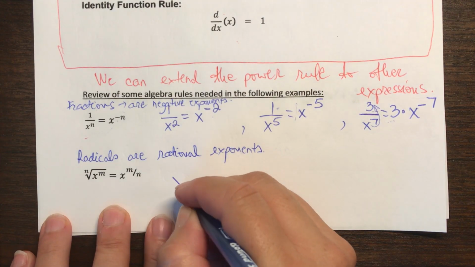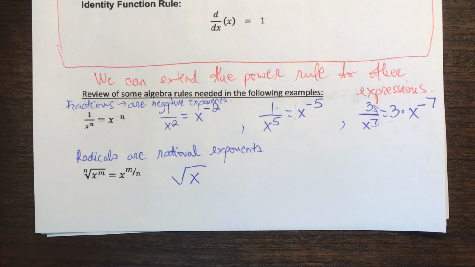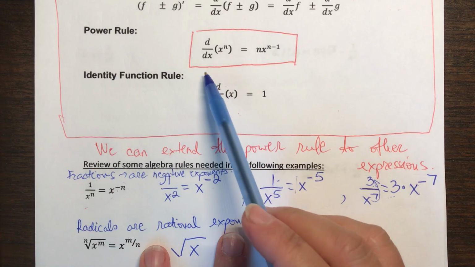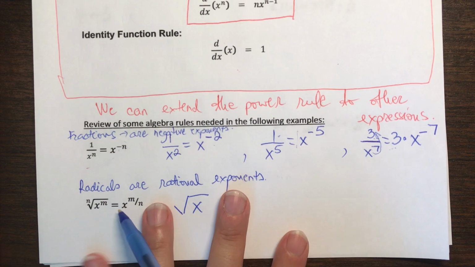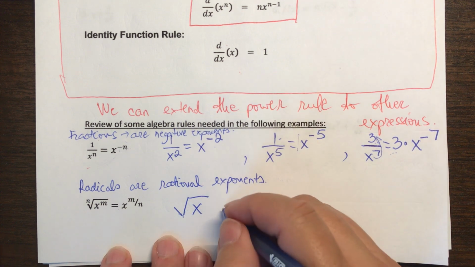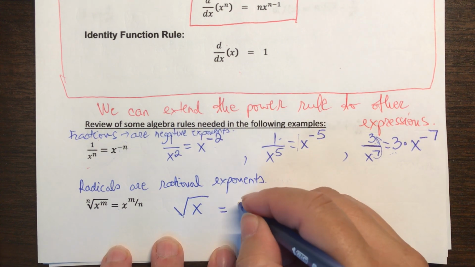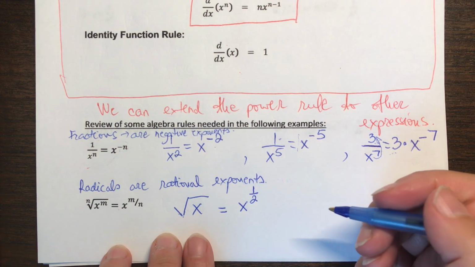You've learned basically that a square root of x can be rewritten. So all of a sudden, we will be able to take derivatives, not just of nice polynomials, x to the 3rd, x to the 5th, but fractions and radicals. Why? Because a square root of x, you have learned, is the same thing as an x to the power of 1/2. Why 1/2?